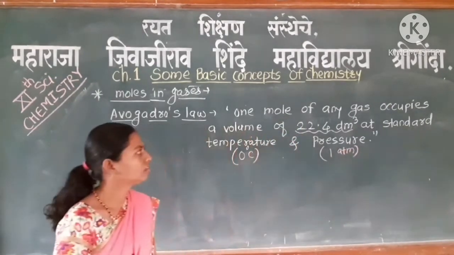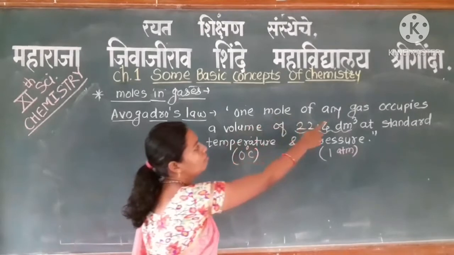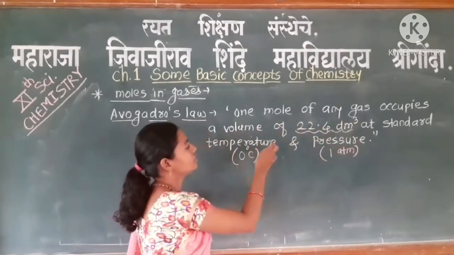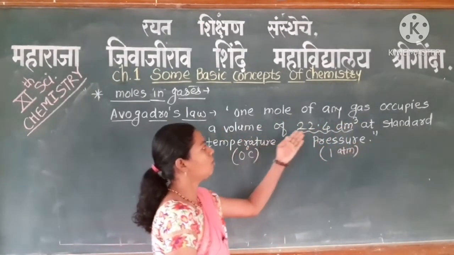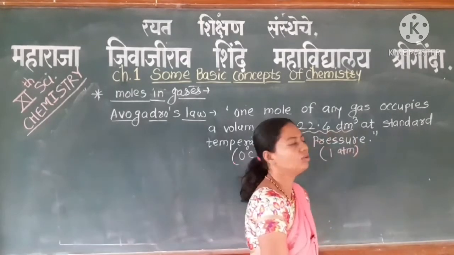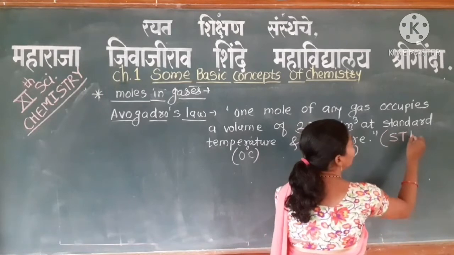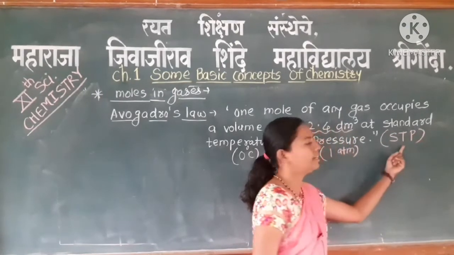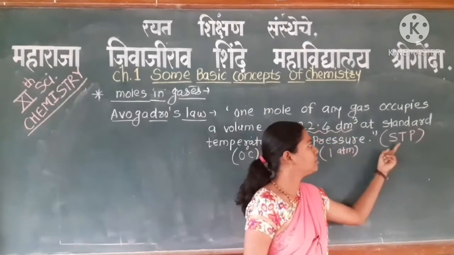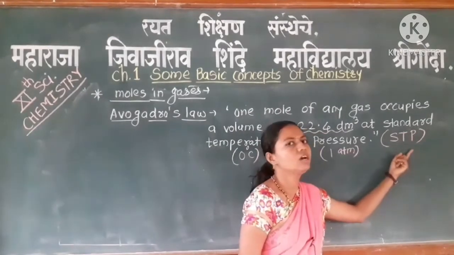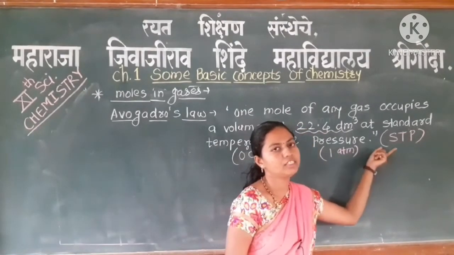That means 1 mole of any gas occupies a volume of 22.4 decimeter cube at STP, that is standard temperature and pressure. Temperature is 0 degree Celsius and pressure is 1 atmosphere.